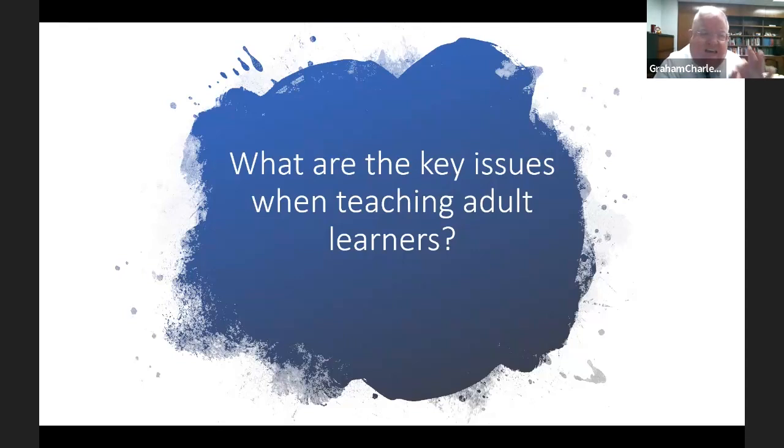What are the key issues to make your teaching effective for adult learners? And what I'd like for you to do is to put a note in the chat. What do you think is the most important issue that would make your teaching most effective? We'll take a minute, let everybody put that in the chat, and then we'll take a look at what everyone thinks.